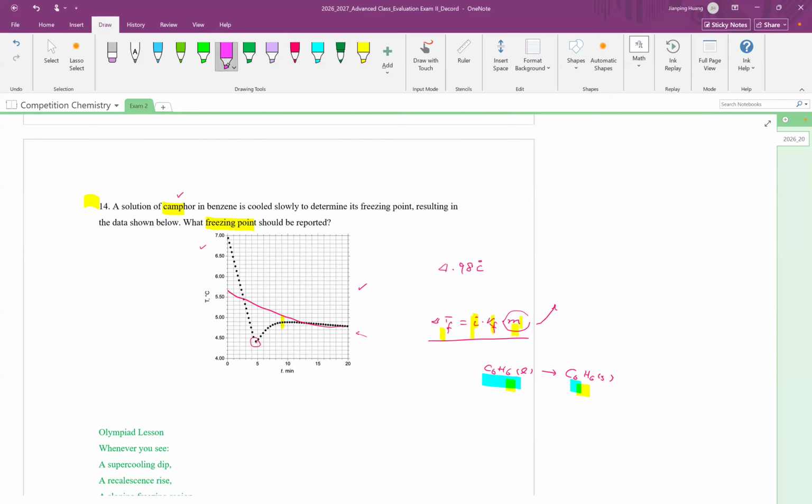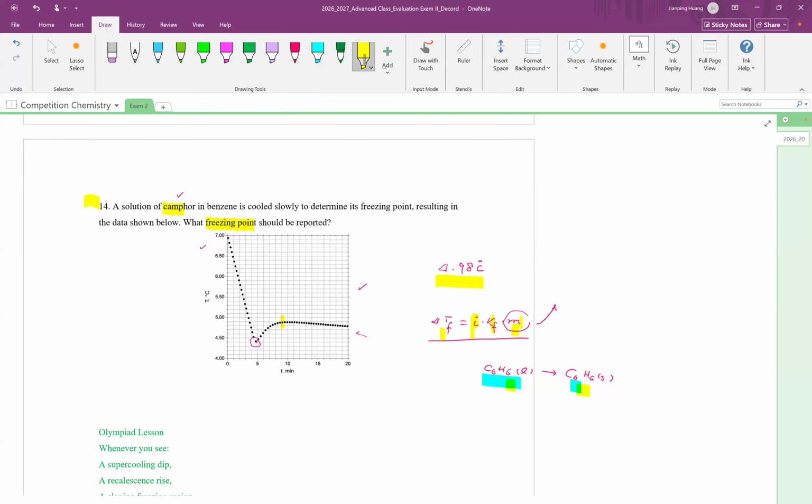Visual idea is what? We look at, that's not the right draw. See, the supercooling drops, then rises. And it still starts freezing at what? At this 4.98. The takeaway is what?